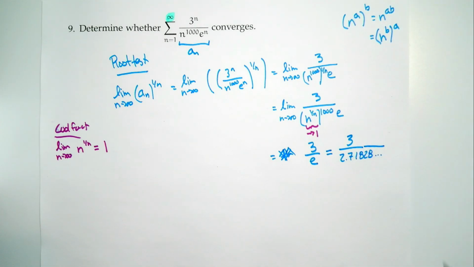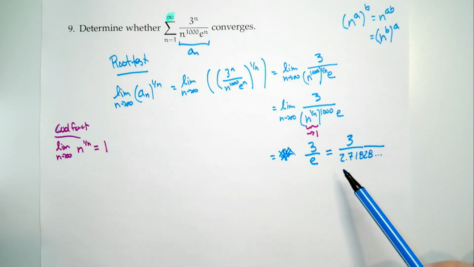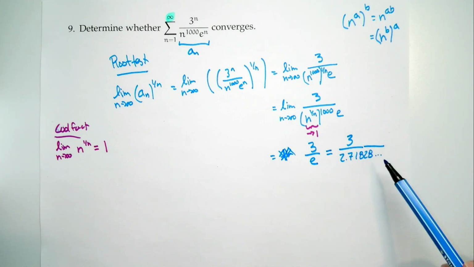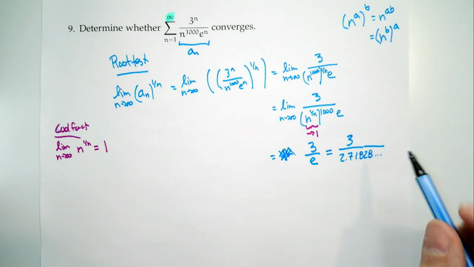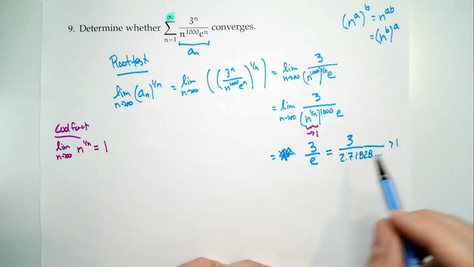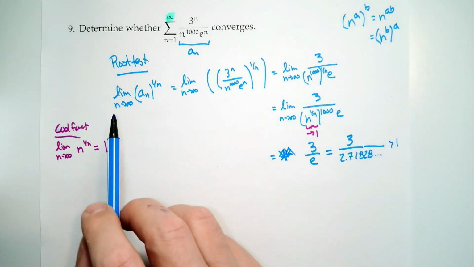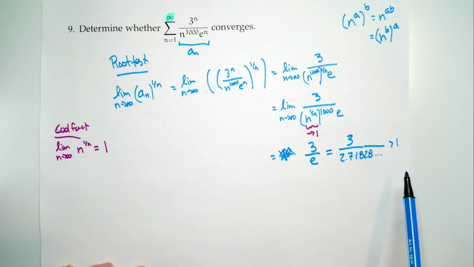2.71828. So if I take 3, divide by 2.7 something, is that bigger than 1 or less than 1? It is bigger than 1, right? Because it's 3 divided by something smaller than 3. So in the root test, we got something which is bigger than 1. What's the conclusion?